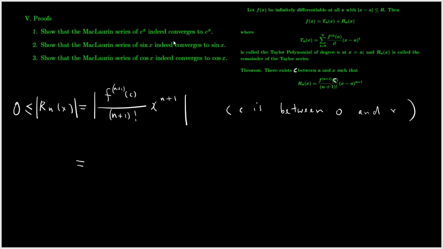By that I mean you have that term on the numerator, and then you have x to the power of n plus 1 on top, and then I'm going to put n plus 1 factorial at the denominator.